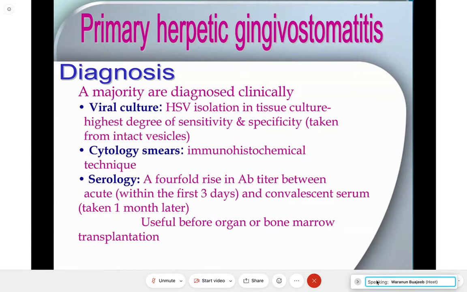So in that case, if the patient is positive for herpes simplex virus, the physician will normally give antiviral drugs to prevent recurrent infection, because if it occurs, it will be very difficult to treat and cause chronic lesions. So it's better to suppress and prevent the recurrent lesions from herpes simplex virus.